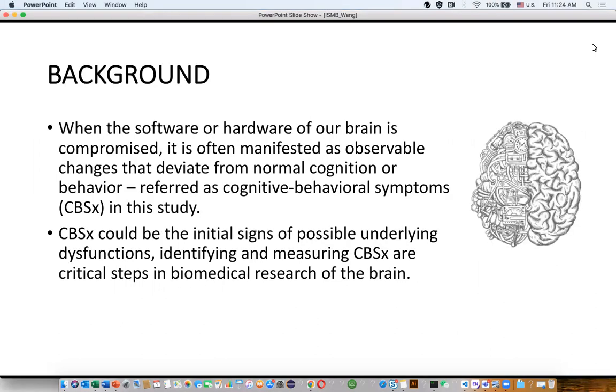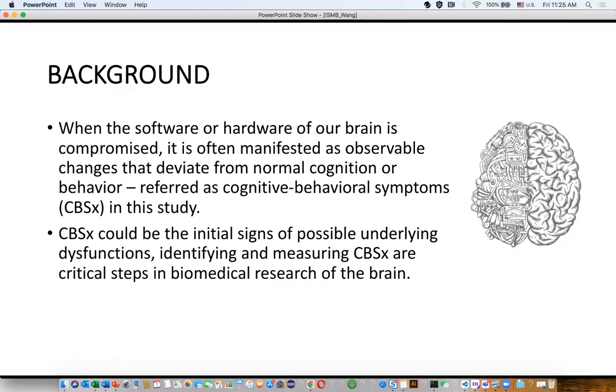The human brain is probably more sophisticated than any computing machine that has ever existed. It's also the host of the software that we call humanity. When the software or hardware of our brain is compromised, it's often manifested as observable changes that deviate from normal cognition or behavior, referred to as cognitive behavioral symptoms, CBSX, in this study.